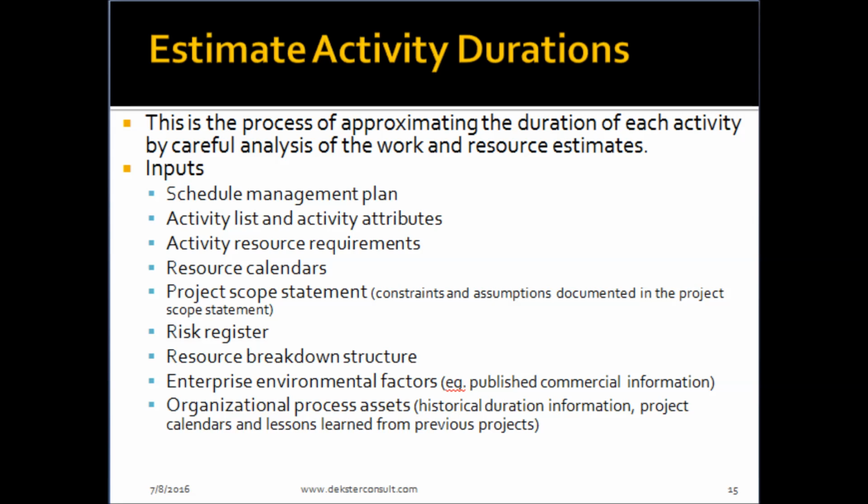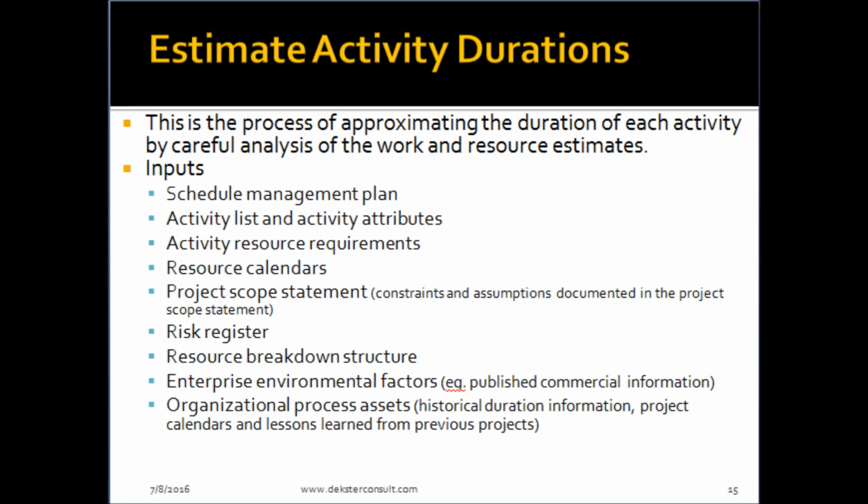When we have our activity resource estimates, we can now move on to estimate our activity durations. This is the process of approximating the duration of each activity, with a careful analysis of the work and the resource estimates. As inputs, we'll make use of our schedule management plan, activity list, activity attributes, then activity resource requirements.